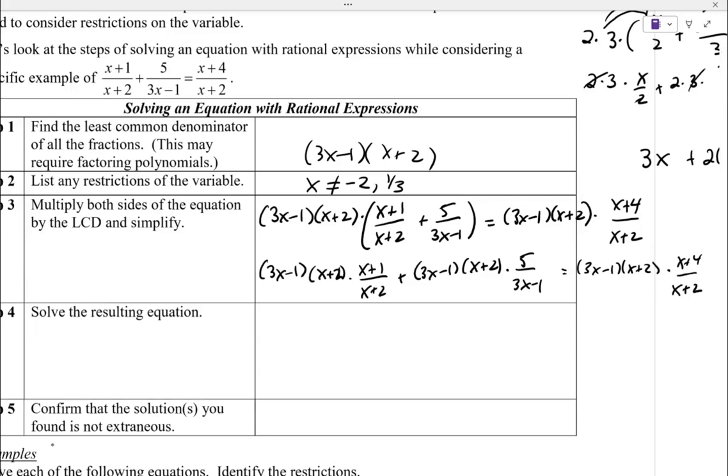Okay? That product times that fraction, that product times the second fraction. Okay? Always, if you've got a plus or a minus sign in the middle, always distribute it before you try to start doing any canceling. Just so you don't get goofed up.